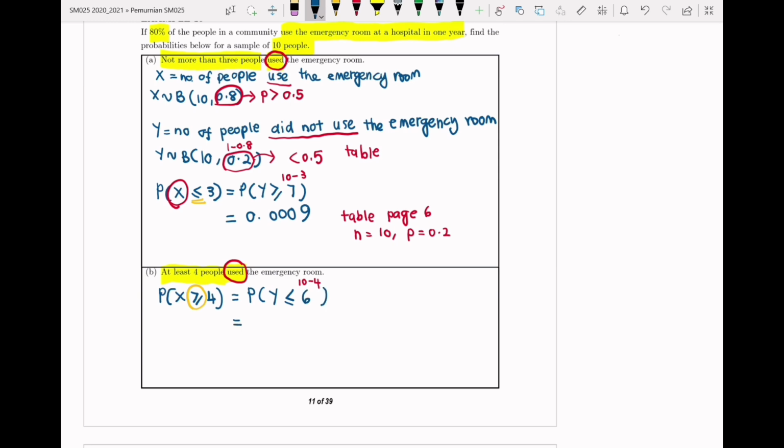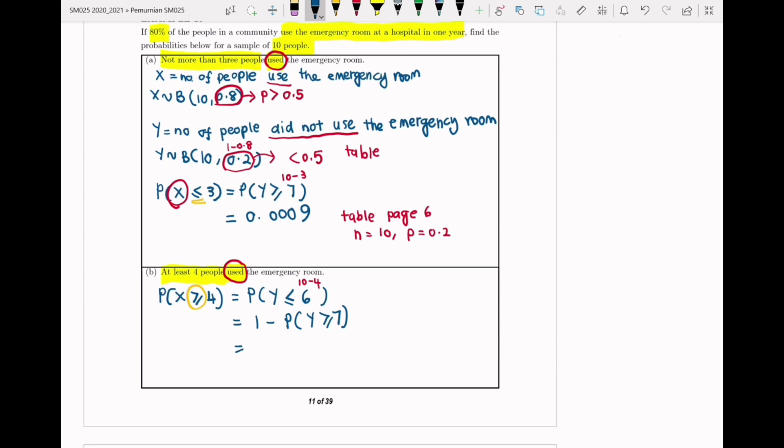Okay, so we can now refer to table page 6 again with n equals 10, p equals 0.2. But the table only gives values for greater or equal. So P(Y ≤ 6) equals 1 minus P(Y ≥ 7).